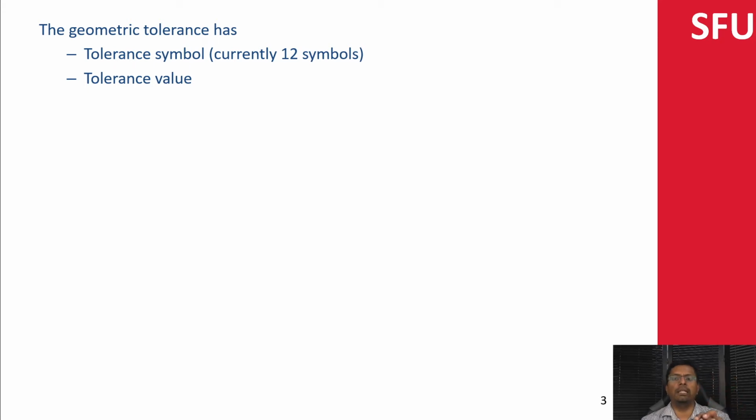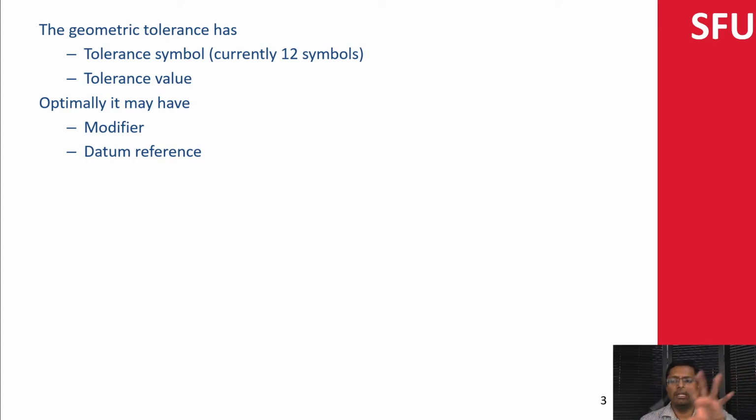There are 12 symbols, and then we have the tolerance value. The symbol specifies what you're trying to control. The tolerance value tells you how much you're trying to control. We optionally have something known as modifiers, and then we also have datum references. This is just a quick summary, and we will see as we go along what we actually mean in this case.